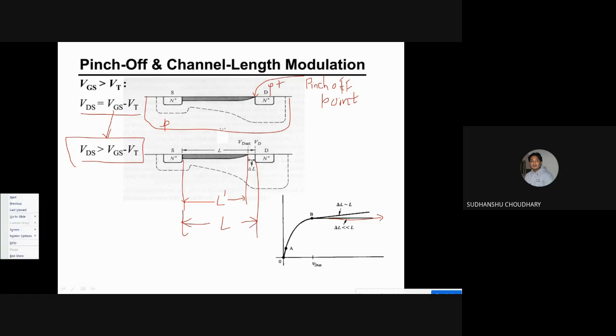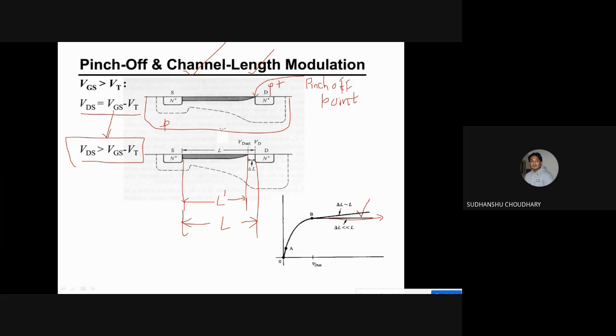reduced. Now the effect of this reduced channel length is called channel length modulation. Channel length modulation means channel length is modified and now it has become small. The effect of this small channel length, that is the channel length modulation effect, is that the current increases in the saturation.